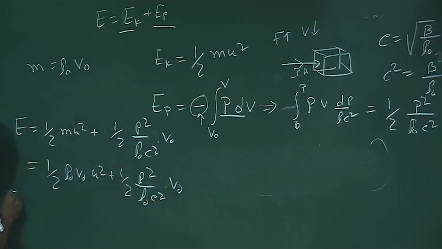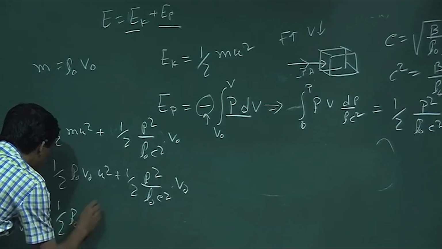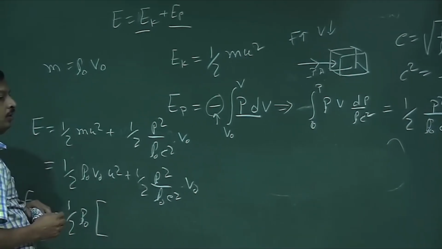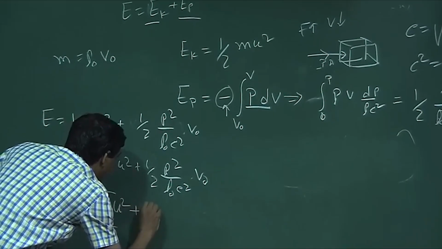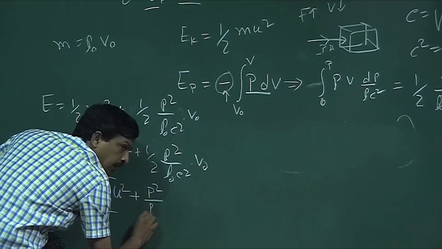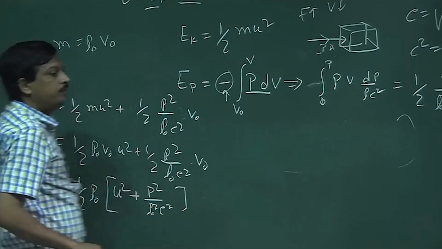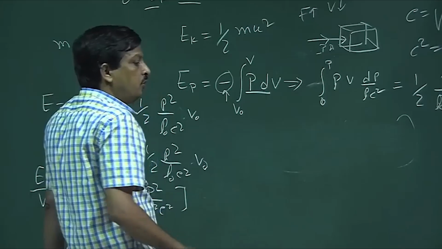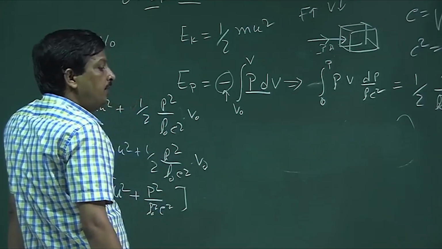So, I can say E by V 0 is nothing but half, let us take rho 0 this side. Okay. So, it is nothing but U square plus P square by rho square C square.